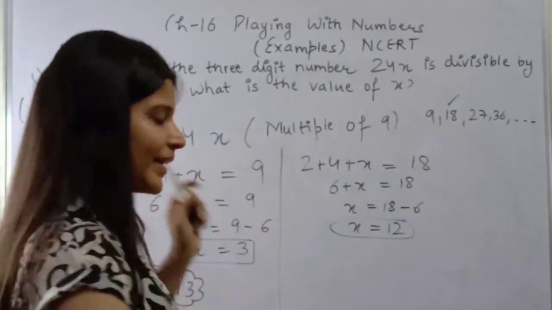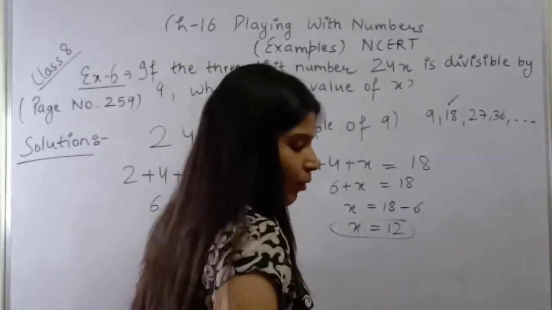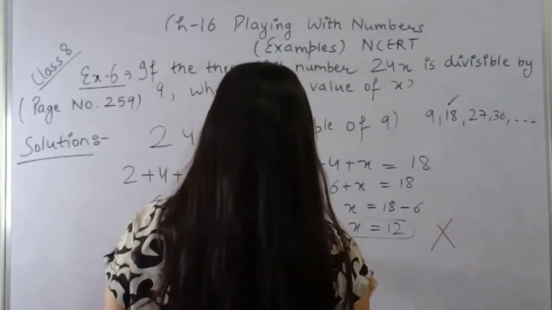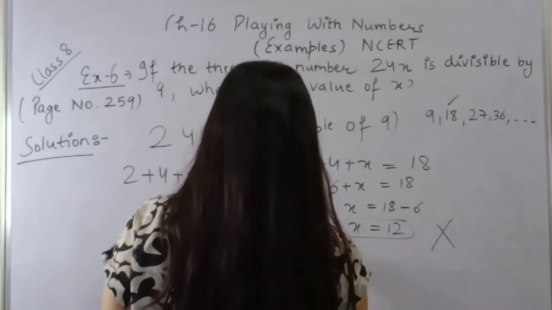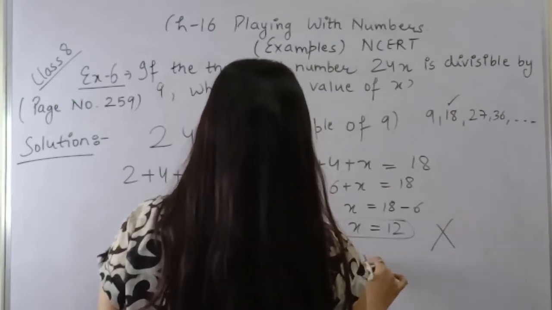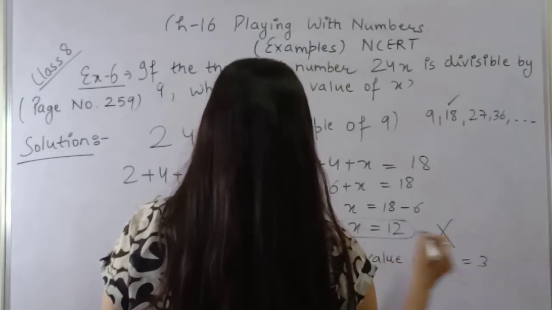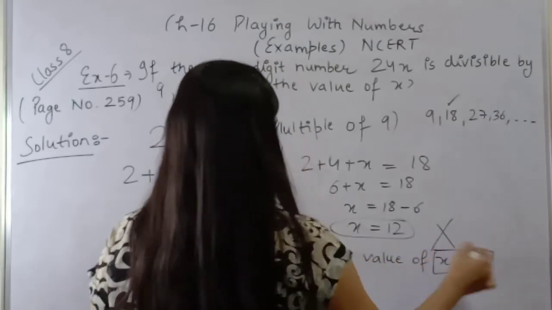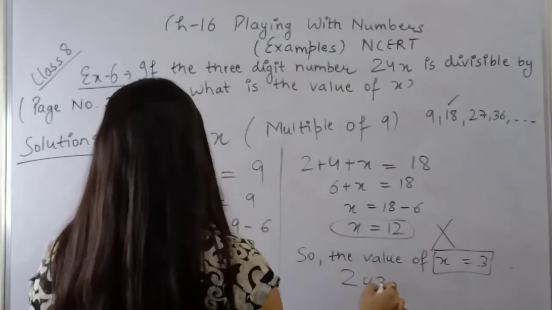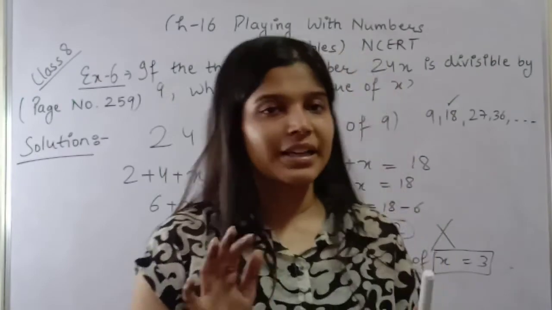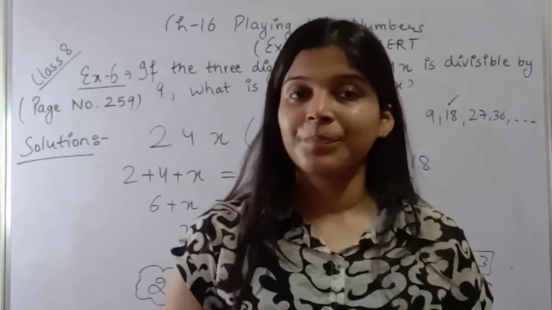So it means only one answer is possible. ये possible नहीं है. So the value of x is 3. Right? And the number is 243 only. यही एक number है that is divisible by 9 and that is a multiple of 9.